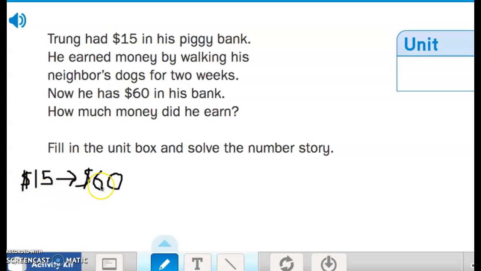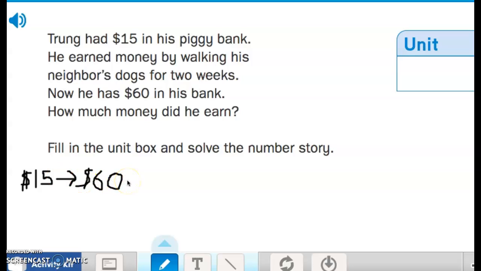And he had $60 at the end, so our answer is not going to be higher than $60. If our answer makes sense, it's going to be between 15 and 60. Somewhere in there is our answer.